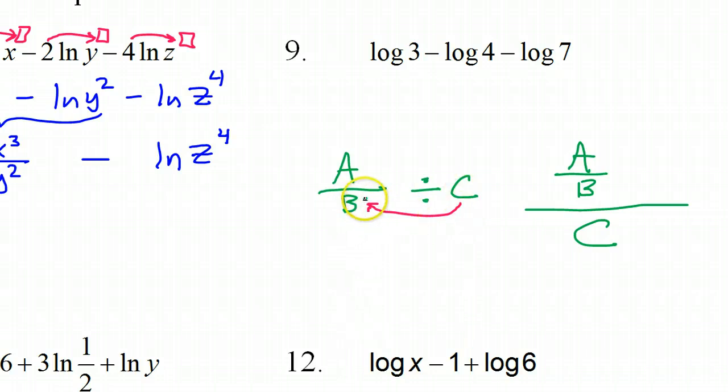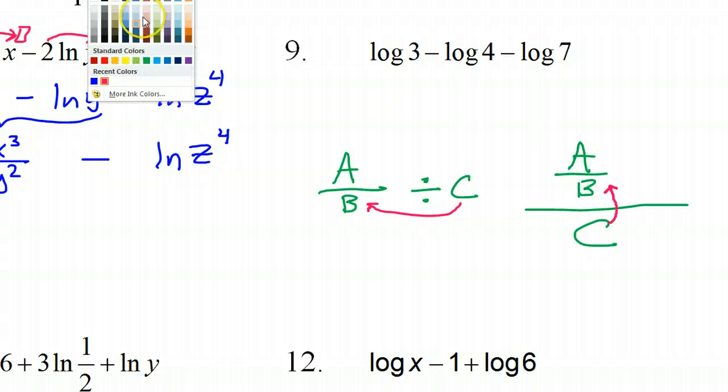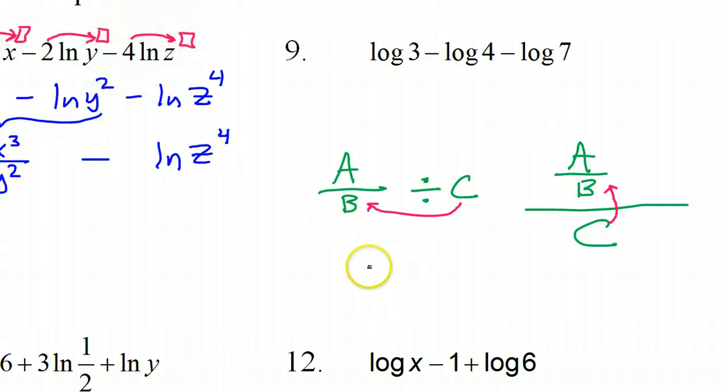It's going to just join the denominator. So what you're going to have is a over bc. So when you divide by an extra number, just put it in the denominator as well.